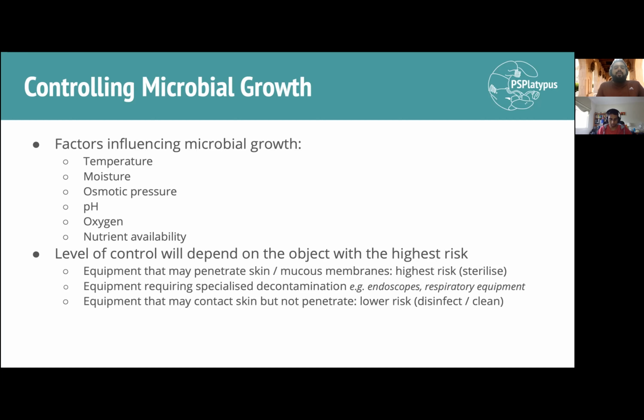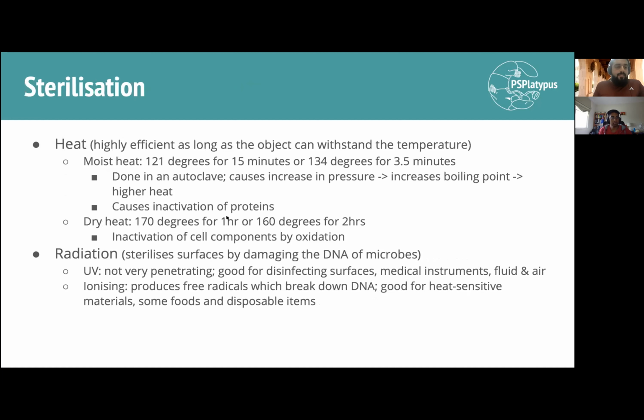For example, if it can penetrate the skin, then we need sterilization. But if it may contact skin but not penetrate, it can be considered lower risk, and we just need disinfection or cleaning.